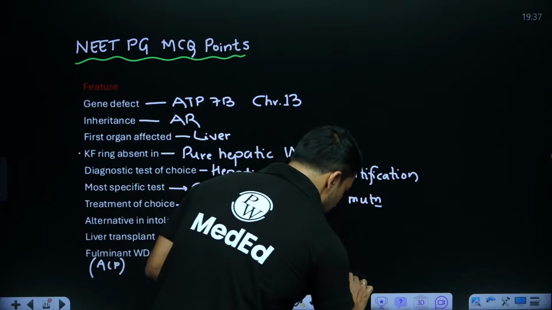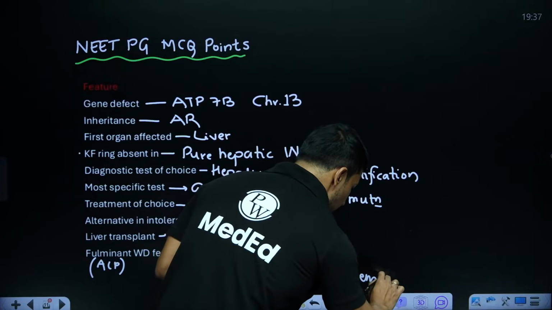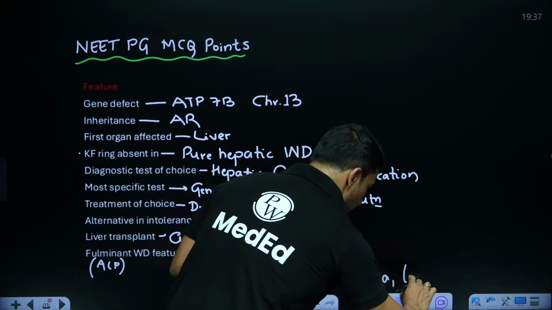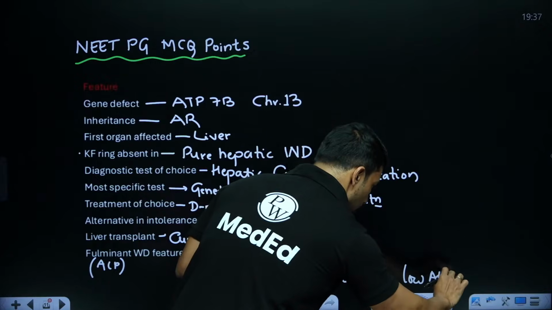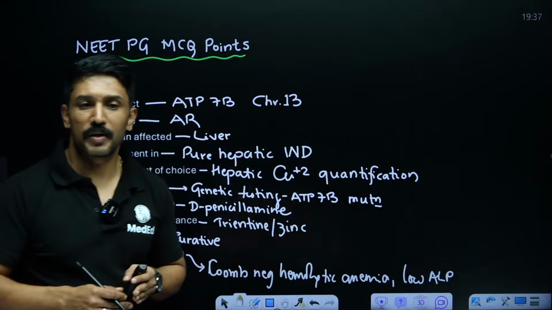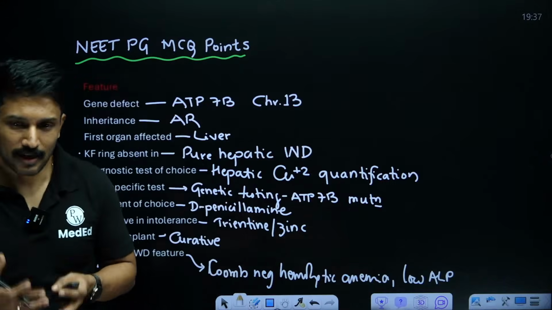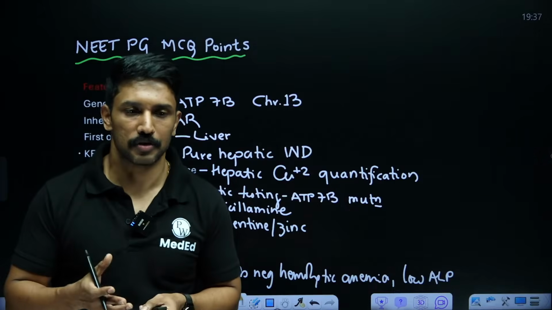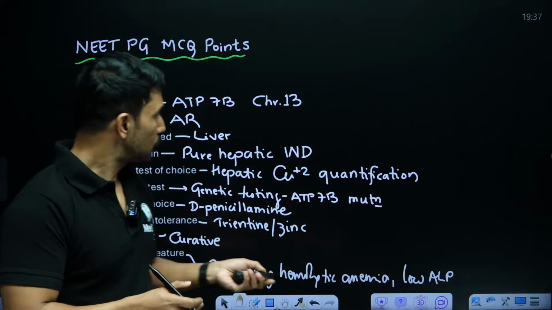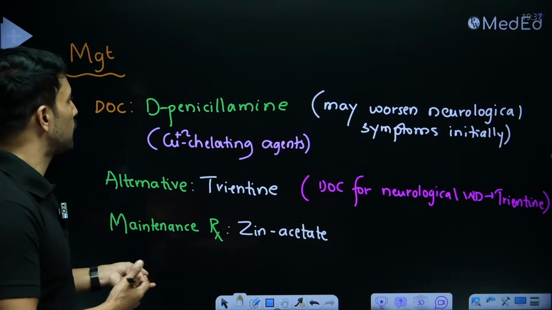Along with that, if there is low ALP, or the ALP by bilirubin ratio less than 4, these are potential clues to suspect the heralding of the acute liver failure in a patient with Wilson disease, right? So that kind of covers all the key MCQ points that we required.